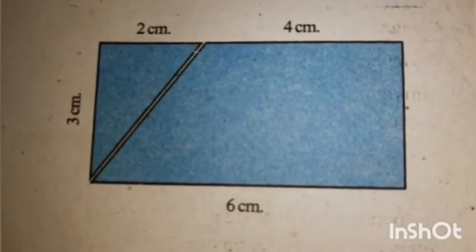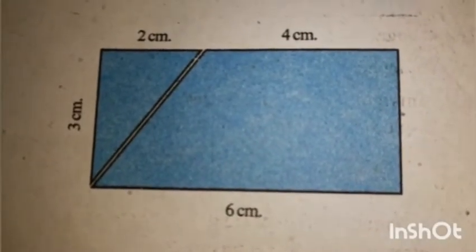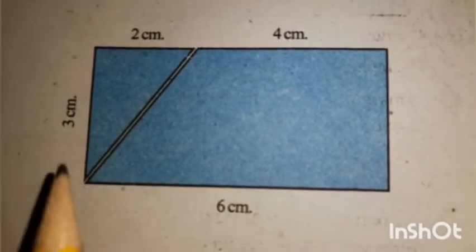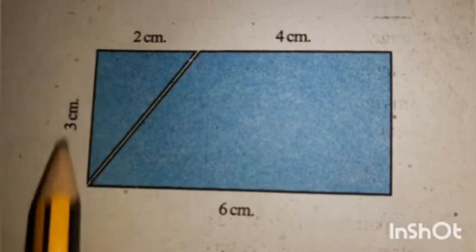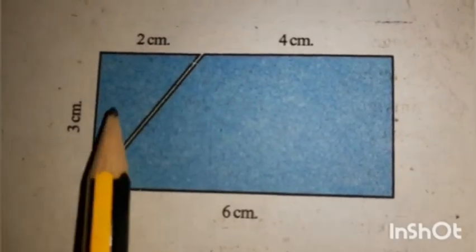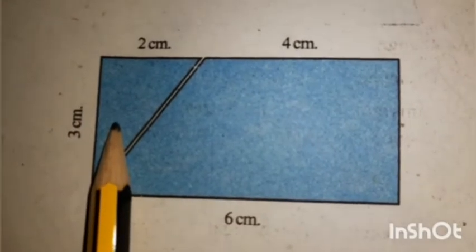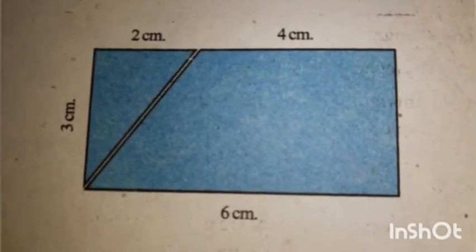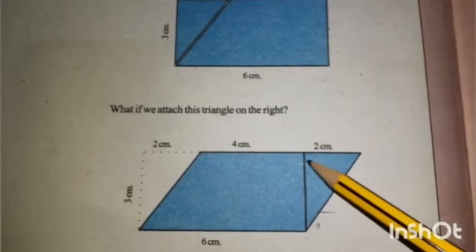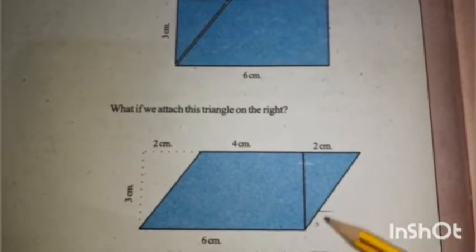And if you cut off a triangle from the left of this rectangle, that is 3 centimeter height and 2 centimeter length, we are cutting off this triangle from one side of the rectangle. The cut off portion we are attaching to the other side of the rectangle.